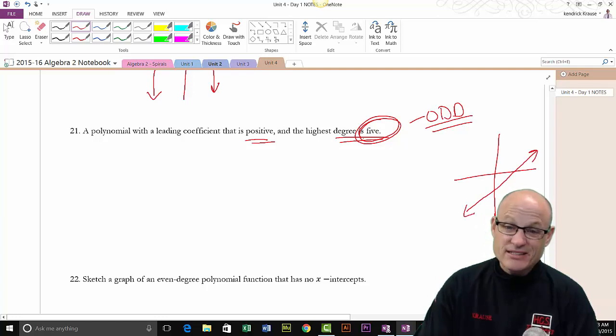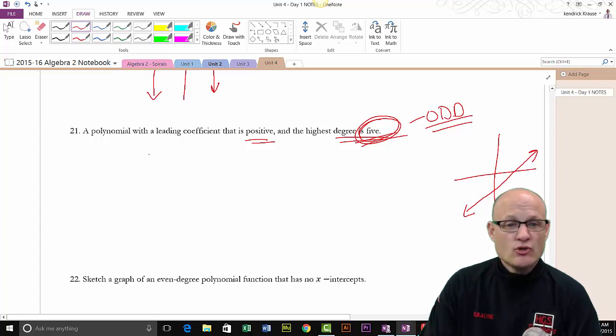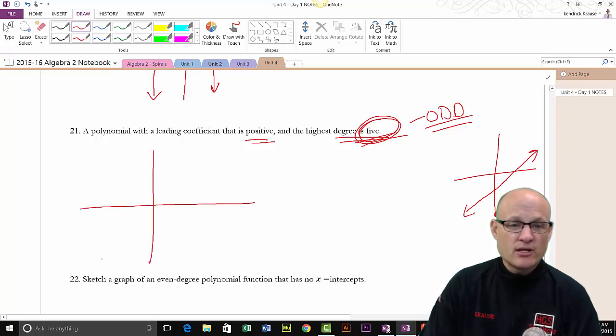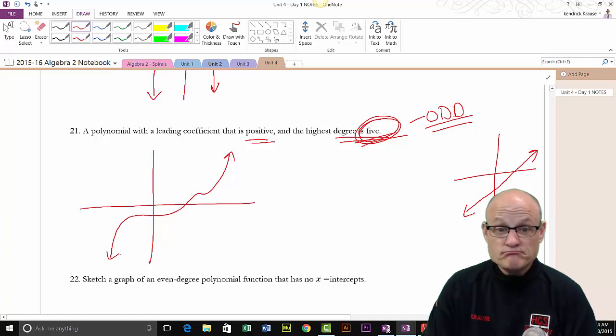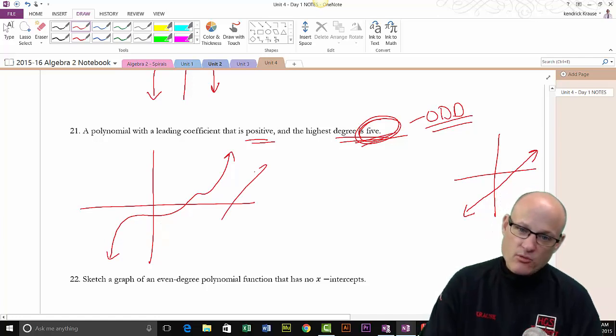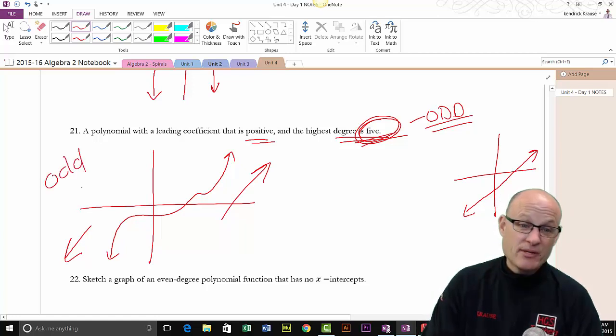Now, because this is a 5, you cannot draw a line. The only thing you can give me is it's going to go up from left to right, and it's going to have a little squiggle in it. Does it look like this? Probably not. But it's got to go up to the right and down to the left because it's odd and because it's a positive leading coefficient.